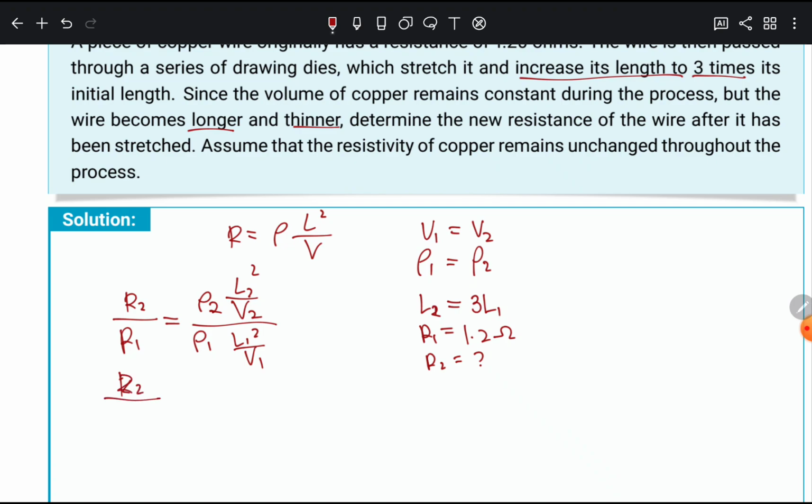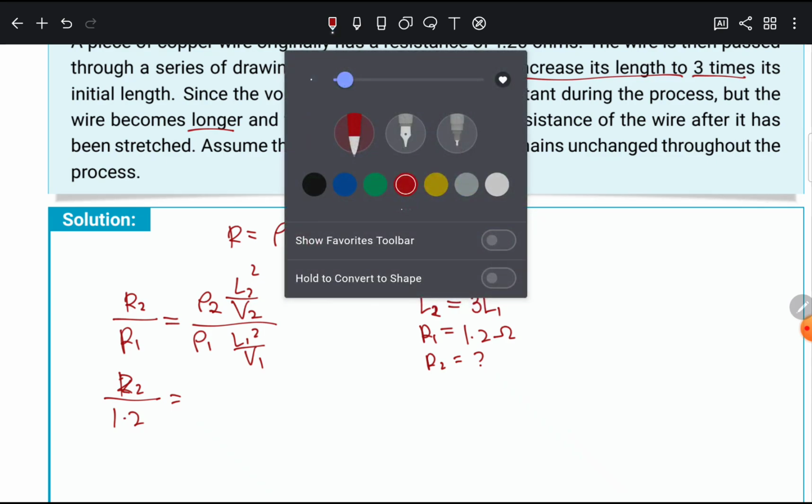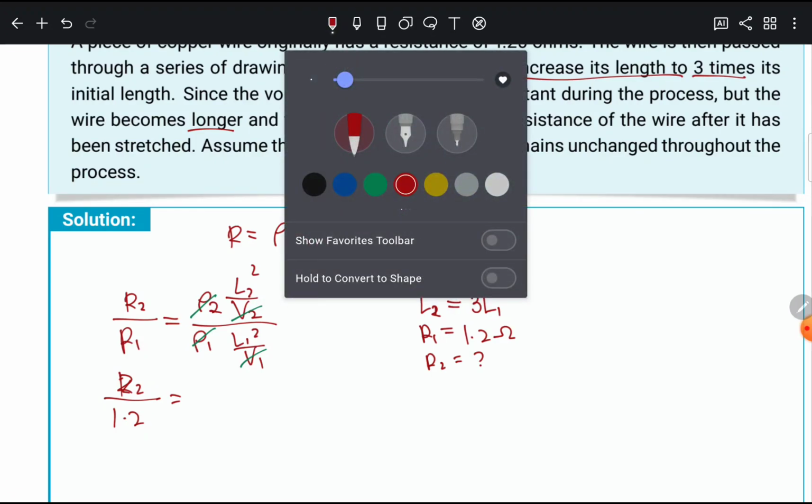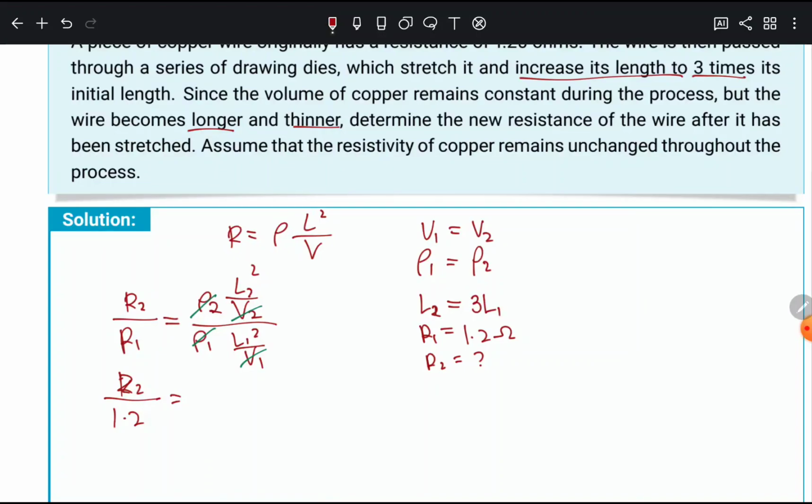R2 divided by R1, which is 1.2, and we can cancel out rho 2 and rho 1 because they are equal. They will cancel out, and also the volume will cancel out because it is the same, a constant volume. So what remains is L2 squared divided by L1 squared.